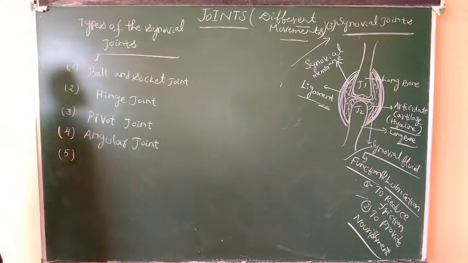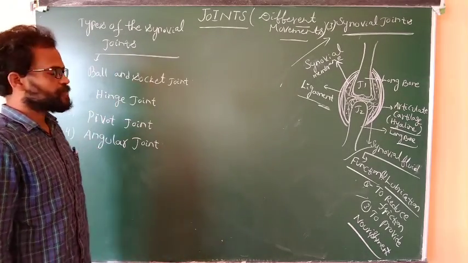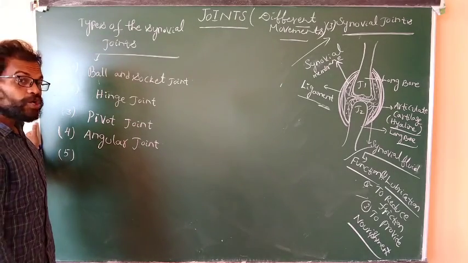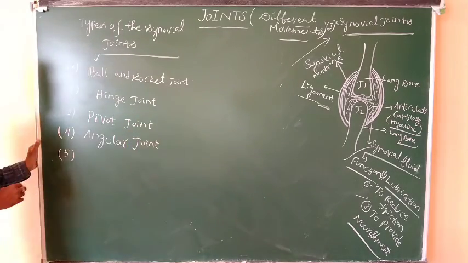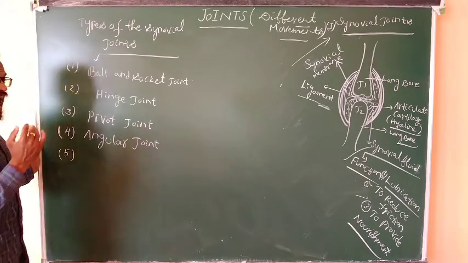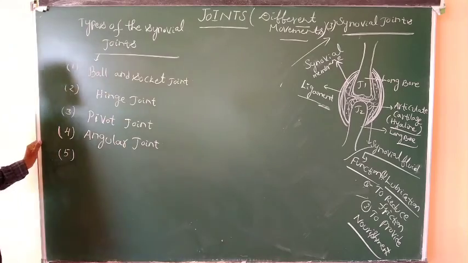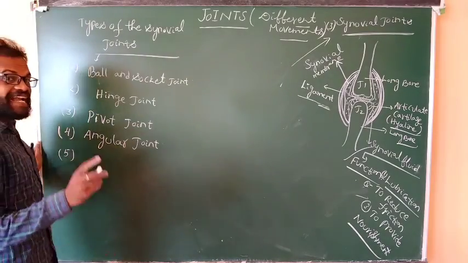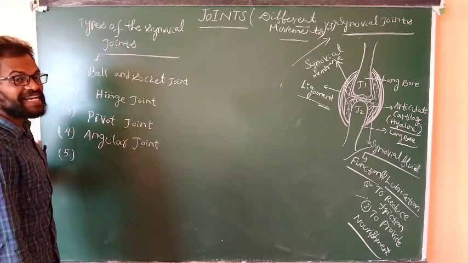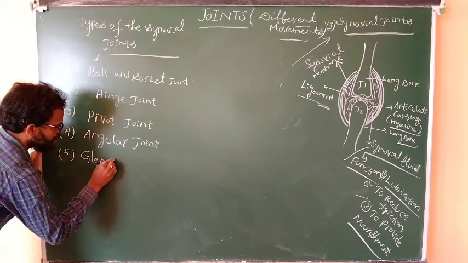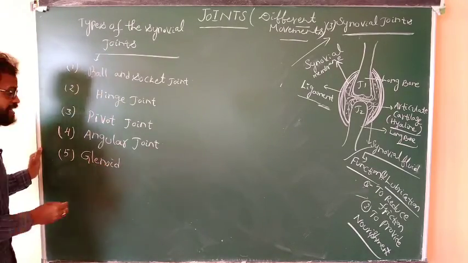The fifth one, after the angular joint, is the glenoid joint.